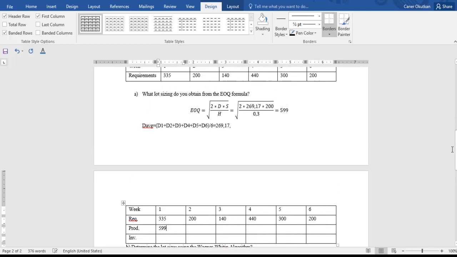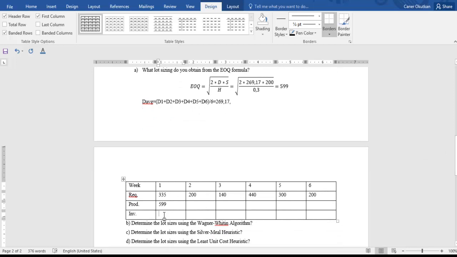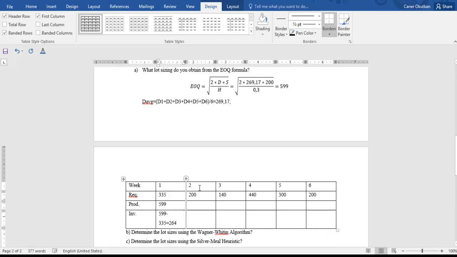In first week I have to produce or order size 599. So for inventory I calculate 599 minus 335 equals 264. The second week our requirements 200, we have 264, so we don't produce. And our inventory third week we need product, and our inventory 523.